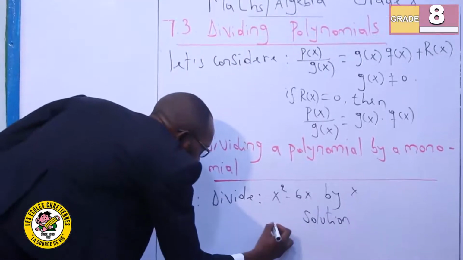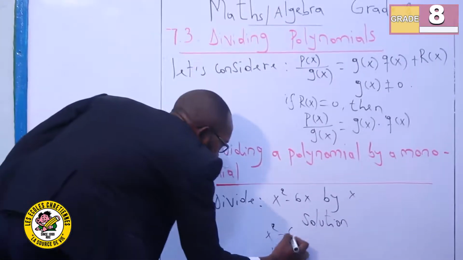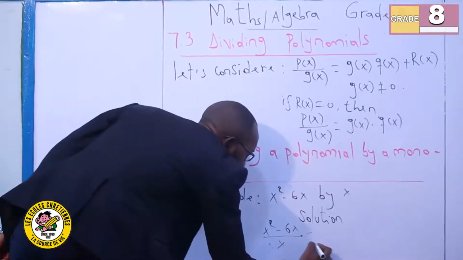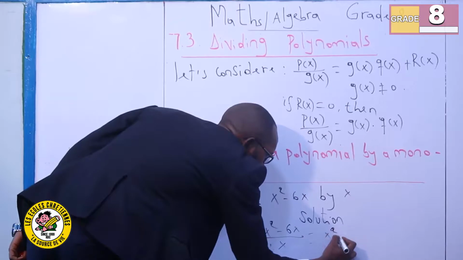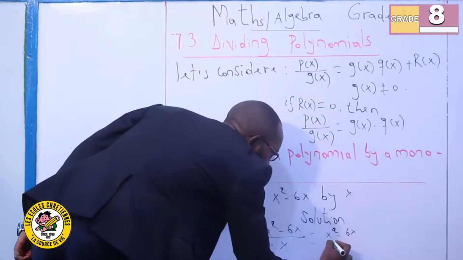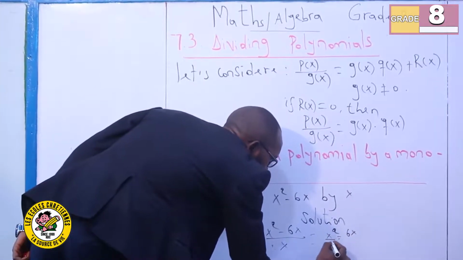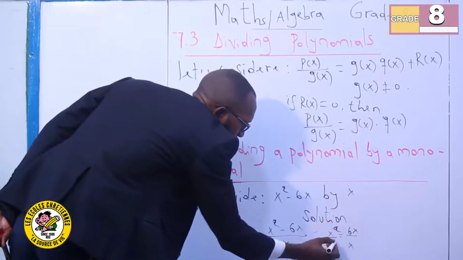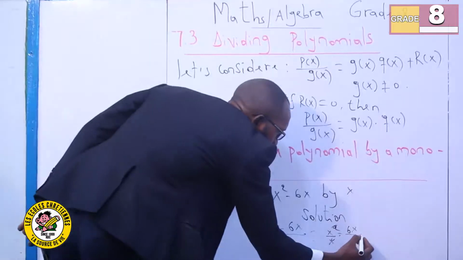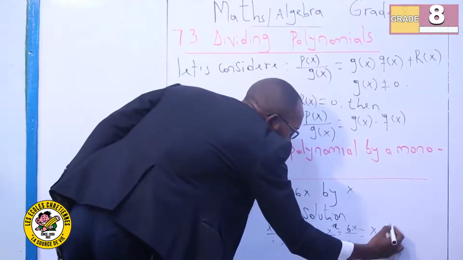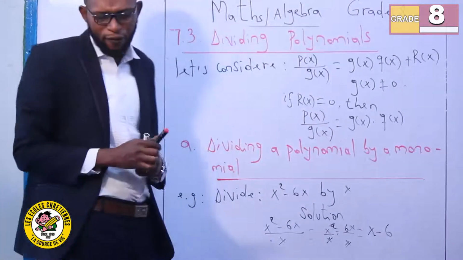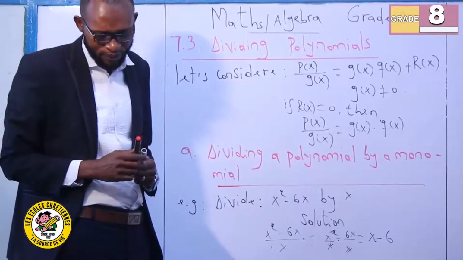So you have x squared minus 6x divided by x. If you simplify, you put x here and x over there, and you simplify. So the answer will be x minus 6.